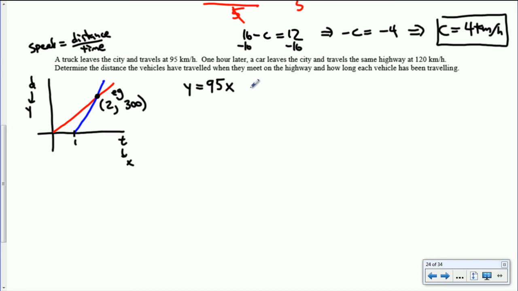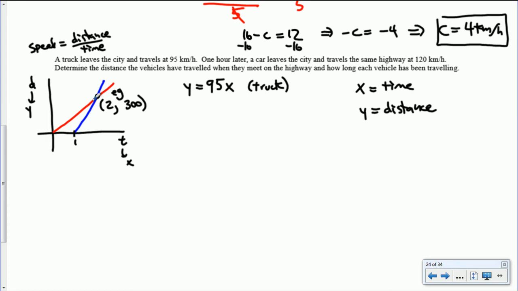That's for the truck. X is the time, and y is the distance. Just a bit sort of disorienting when you're using x for t and y for d. But we're just trying to accommodate the limitations of our graphing calculator, so we need to use y and x.